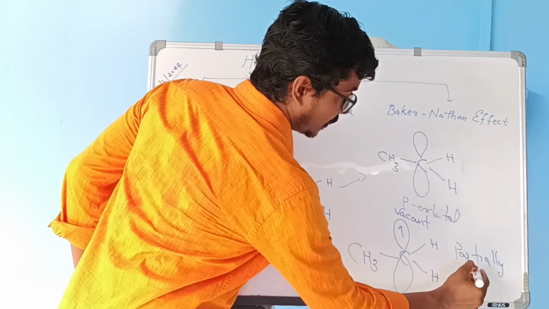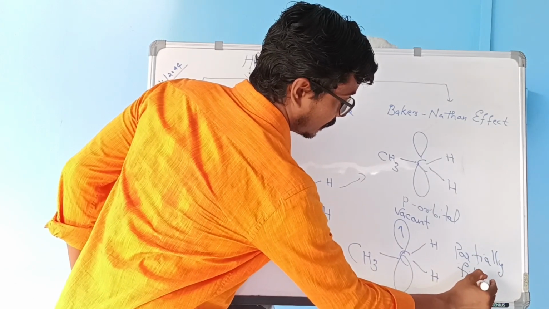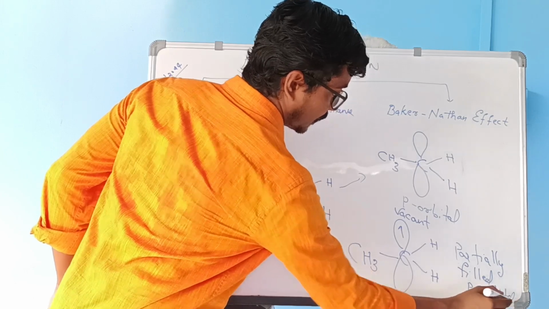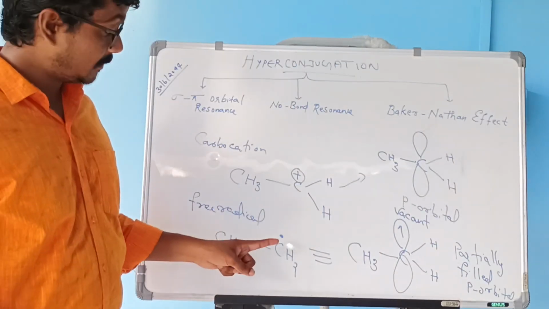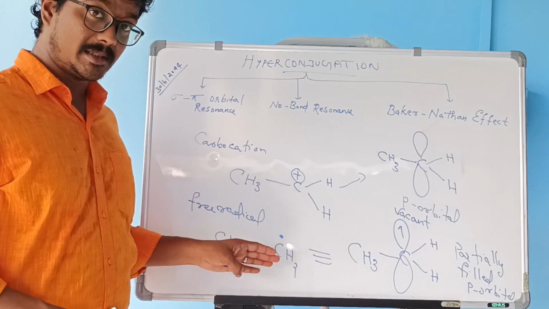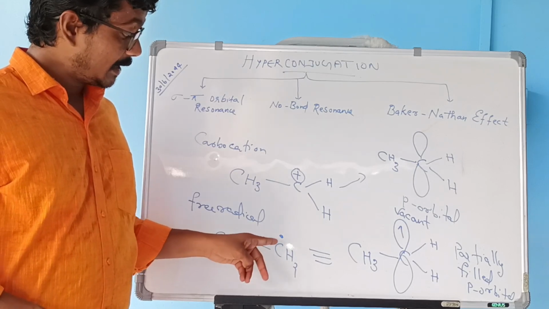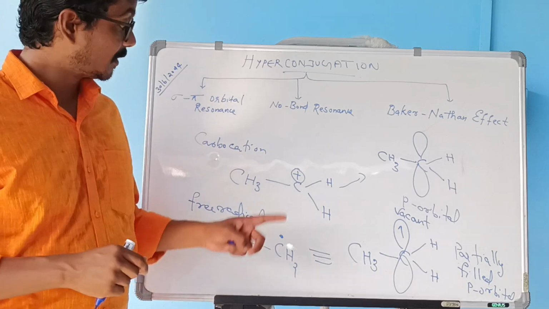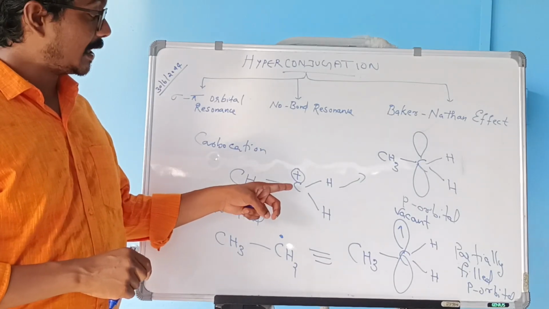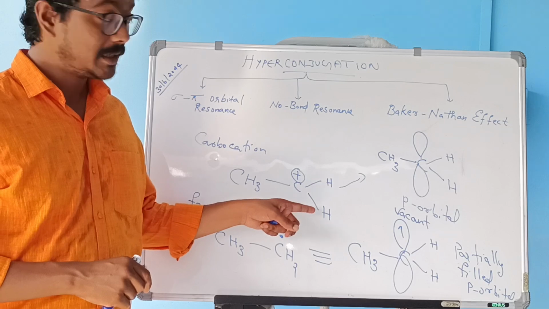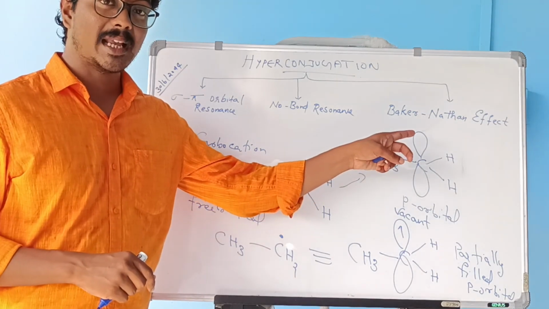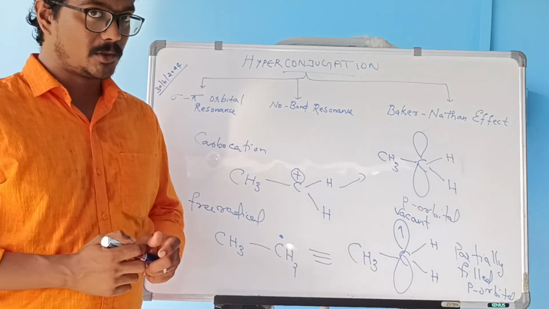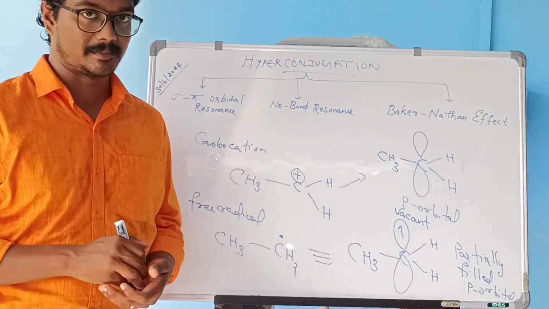So a free radical is a species where a carbon carries a partially filled p orbital, whereas in a carbocation, the carbon carrying the positive charge possesses a vacant p orbital. These are the things we use to discuss hyperconjugation.